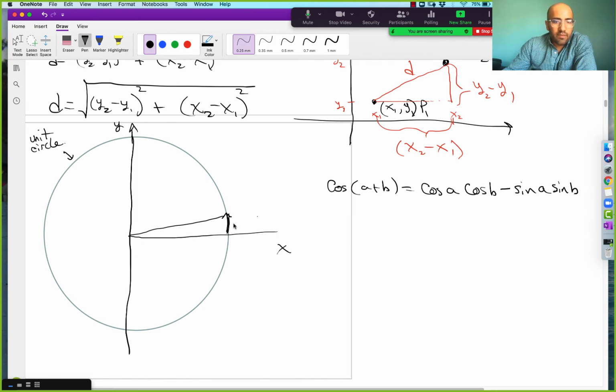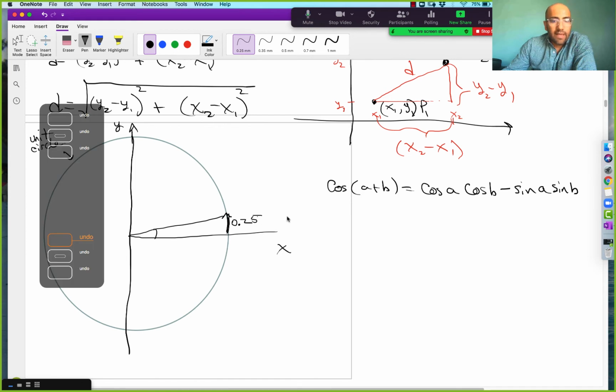Let's say that if this is 0.25 units, then this in radians must be 0.25 radians. It's just that we usually write in multiples of pi, like pi over 4, pi over 3, that kind of thing.